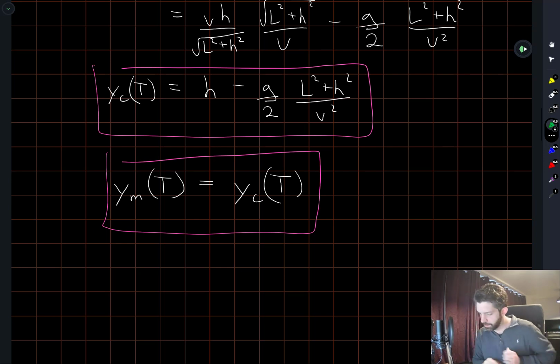I mean, the way we did it here was a lot more direct, really just computing the position of all relevant objects as a function of time and showing that they do occupy the same point in space at some point in time.